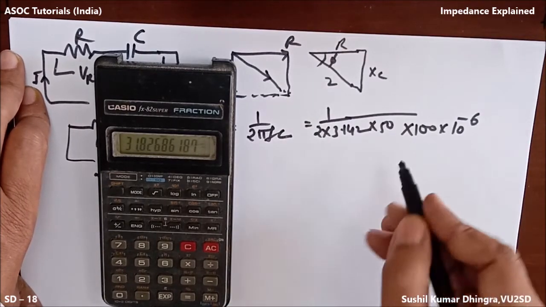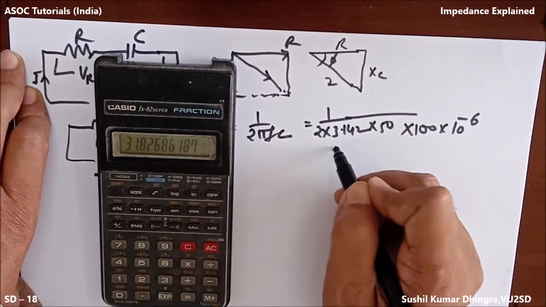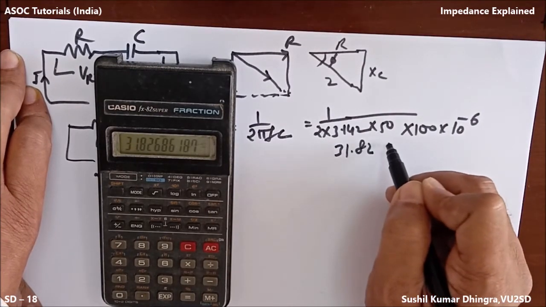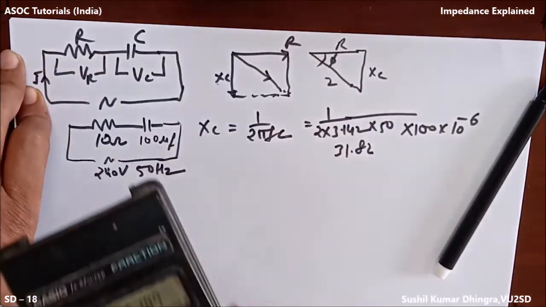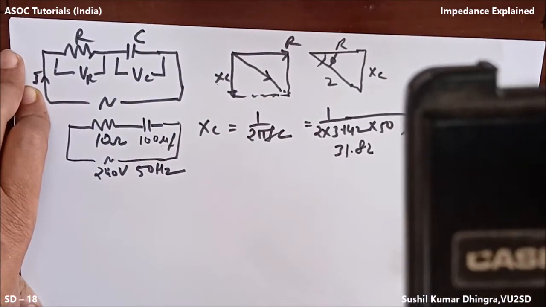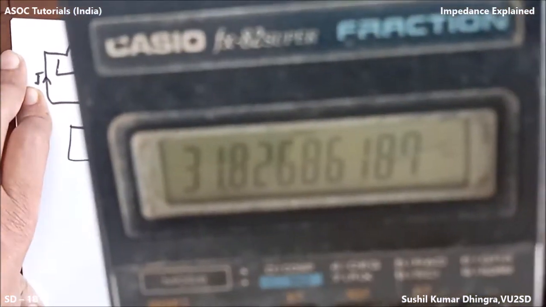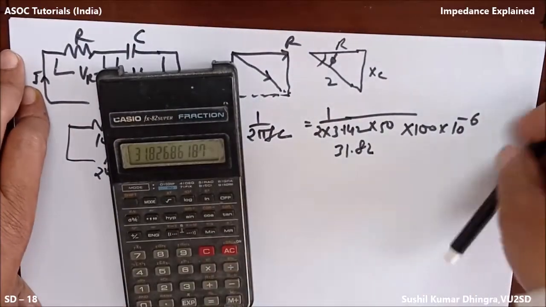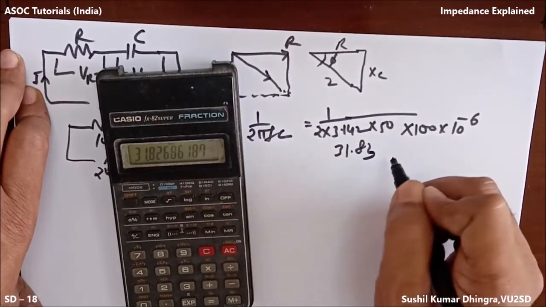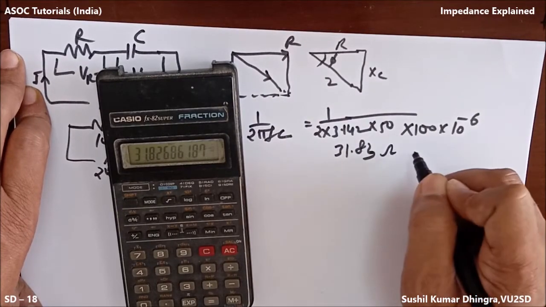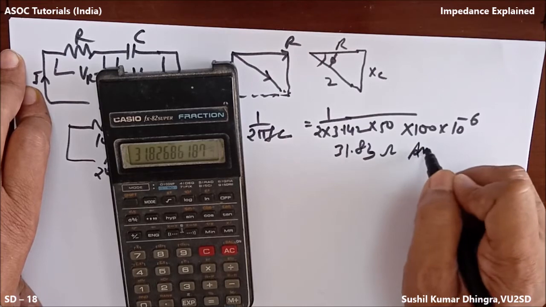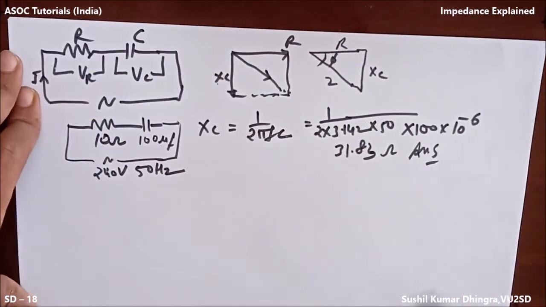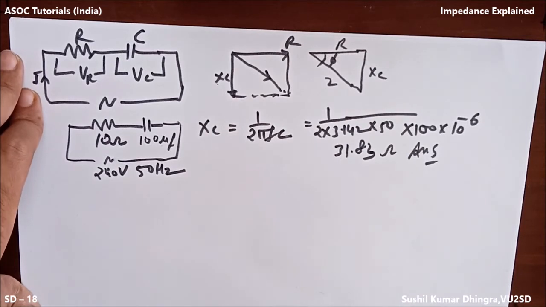This is equal to 3.82, actually 3.83 ohm after rounding. This ohm is the answer. You have to solve it yourself. Now I continue here.